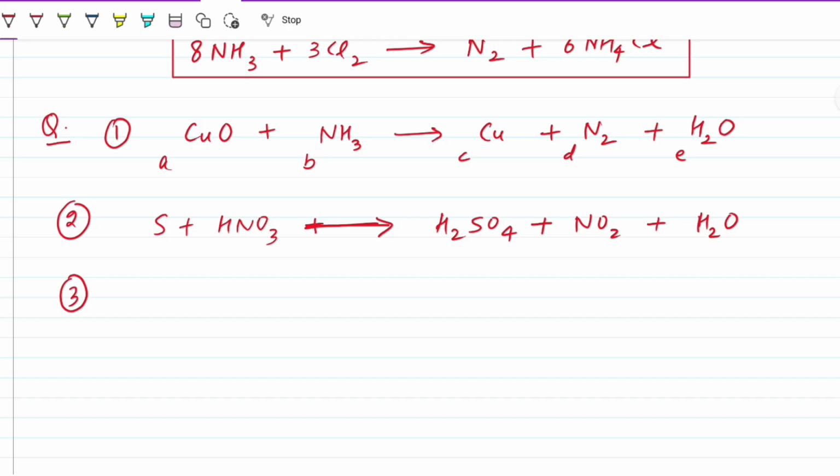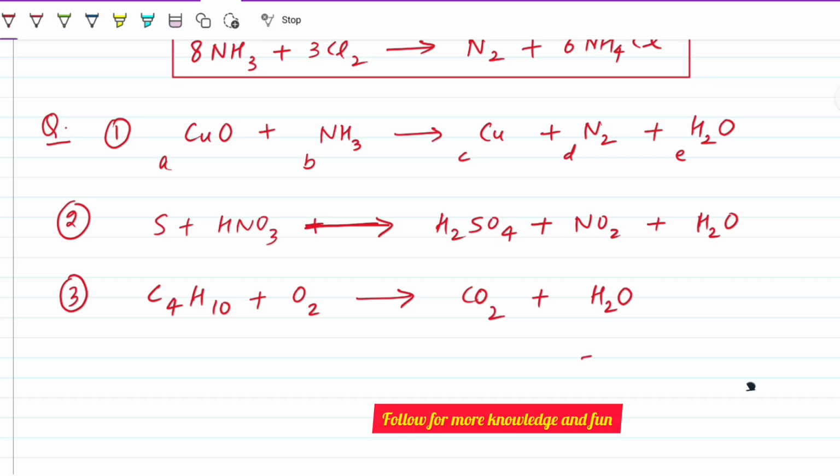The third and simple question is C4H10 plus O2 gives CO2 plus H2O. So practice these 3.